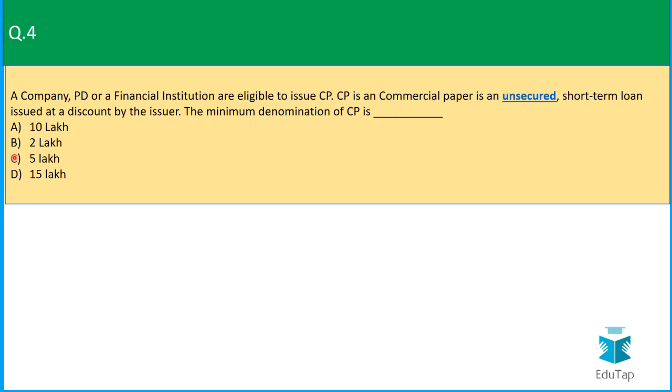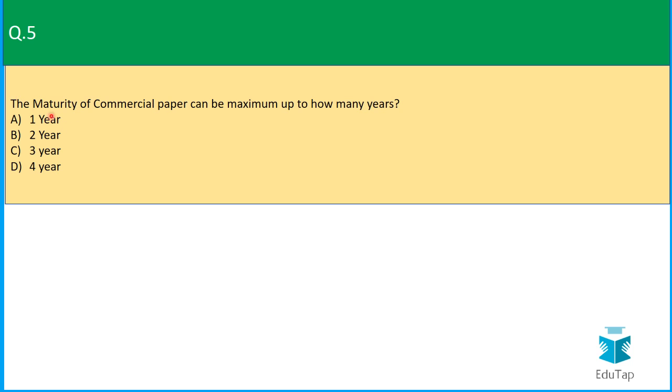People are answering it as 5 and that is correct. The minimum denomination for which CP can be issued, the answer is 5 lakh. Next question. The maturity of commercial paper can be a maximum of how many years? So that is, what is the maximum duration or maturity period for which commercial paper can be issued to investors?